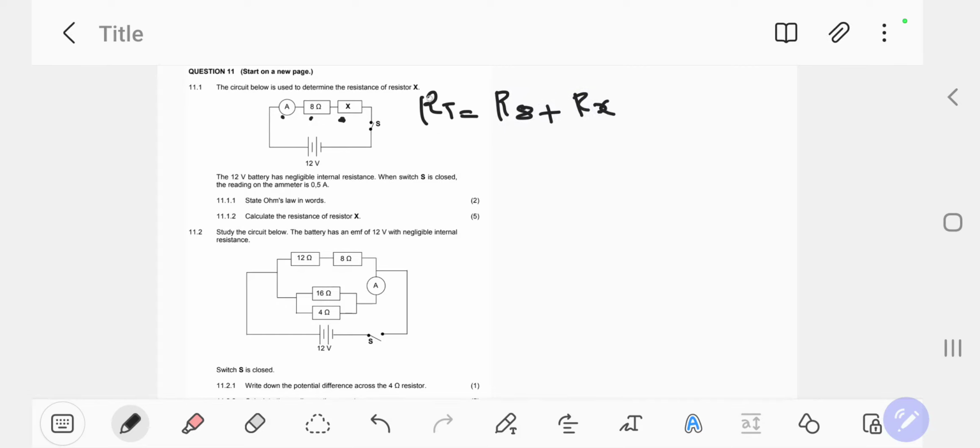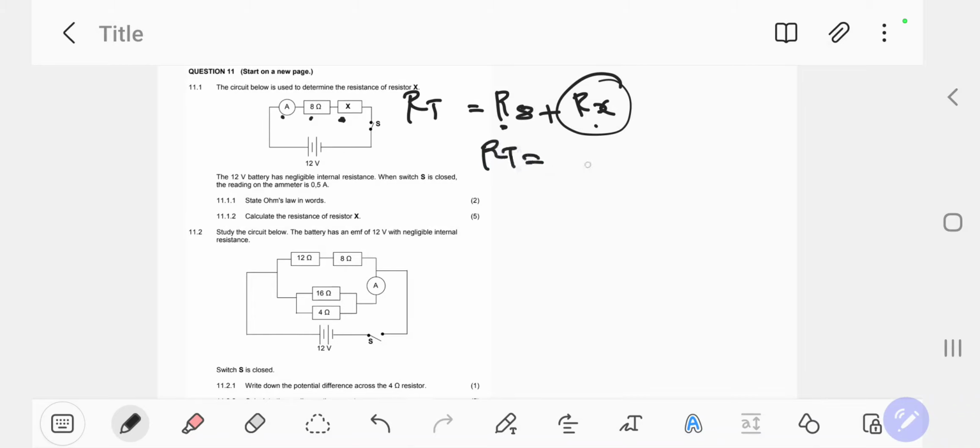You don't have the total resistance or resistor X, so you need to find the total resistance of the circuit first, so that you can calculate Rx.